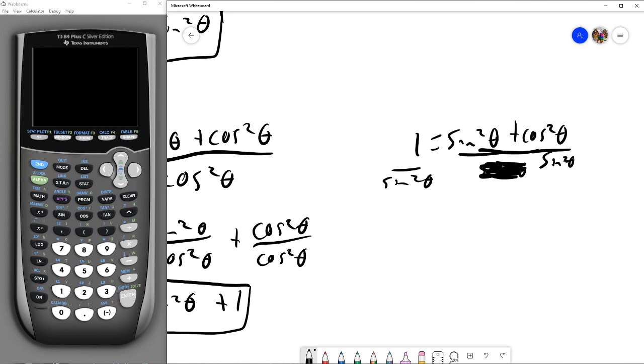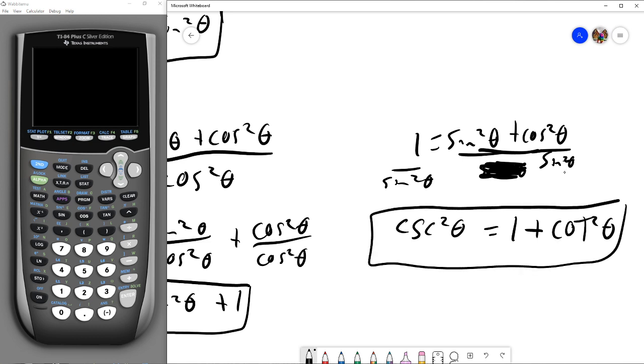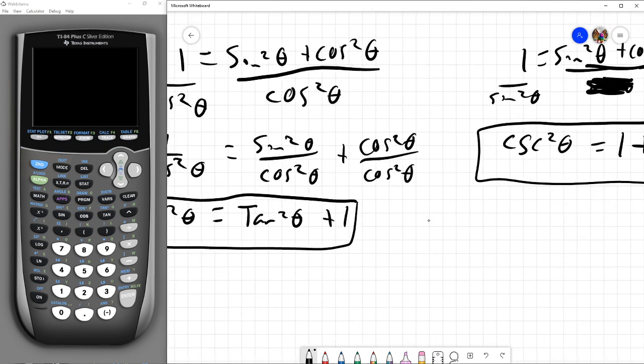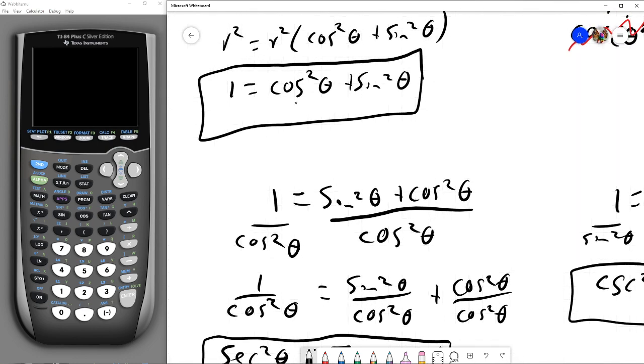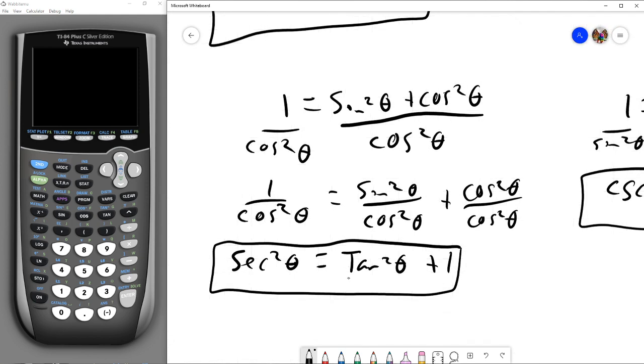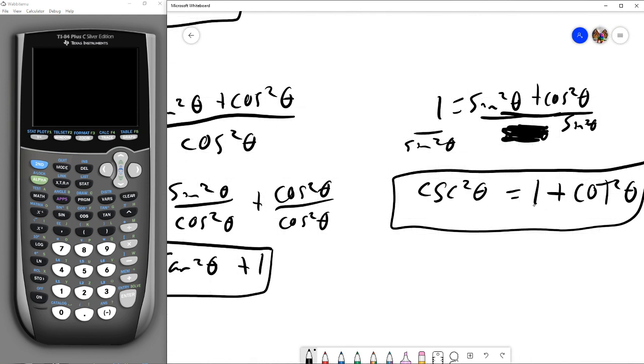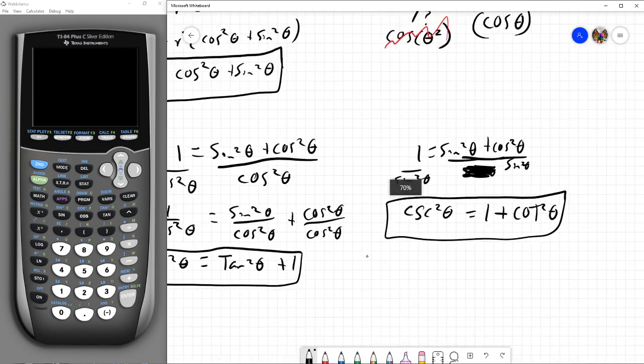Notice 1 over sine squared is going to give you cosecant squared theta. Sine divided by sine is 1. Cosine squared over sine squared is cotangent squared theta. There are 3 trig identities right there. So we got sine squared plus cosine squared is equal to 1. Tangent squared plus 1 is equal to secant squared. 1 plus cotangent squared is equal to cosecant squared. That is our 3 Pythagorean trig identities.